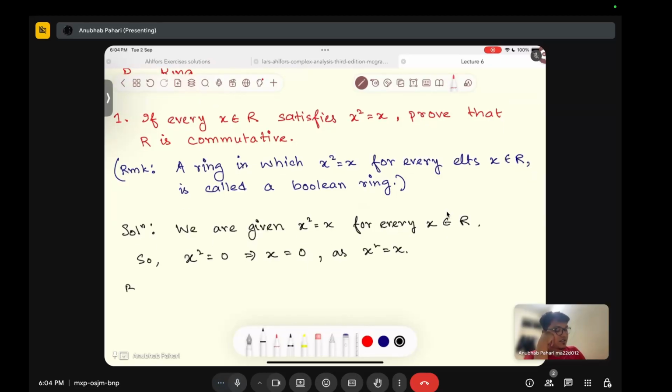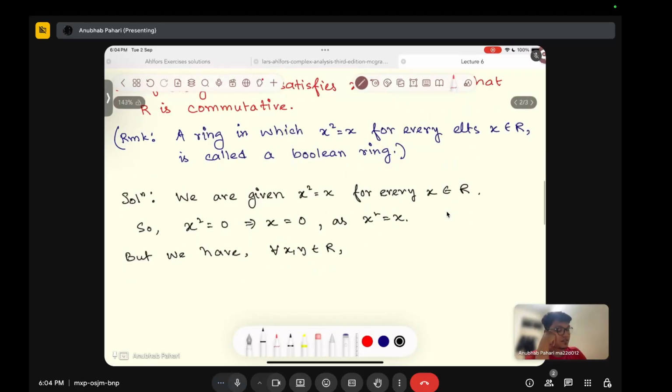But we have for every x, y of R, (xy minus xyx) whole square equals to (xy minus xyx) dot (xy minus xyx).